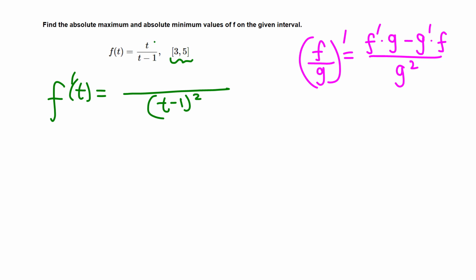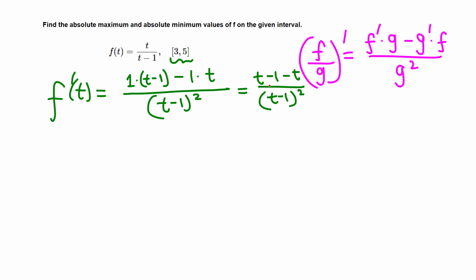On the top, derivative of t, that's 1, times the bottom, minus derivative of bottom, derivative of t minus 1 is just 1, times top, t. Let's simplify. This is 1 times t minus 1, which is just t minus 1, minus t, over t minus 1 quantity squared.